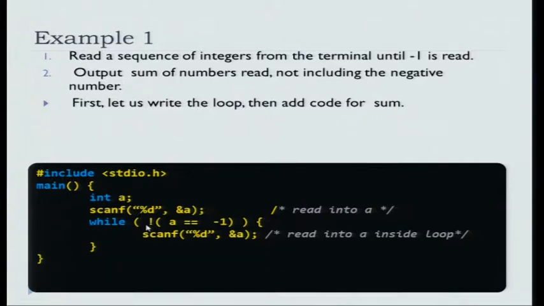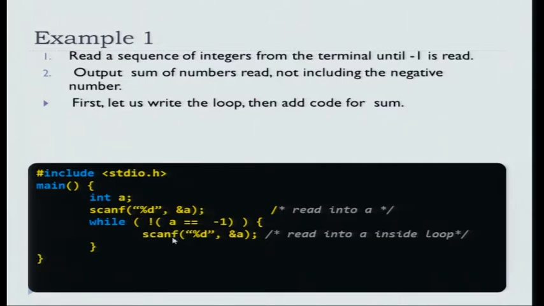If the number is not -1, so if a equal to -1 is false, then you read one more number. After you read one more number, you don't finish the loop. You go back and test whether the loop condition is still true. You check whether the second number you read was -1 or not, and then you keep on reading until you hit a -1.